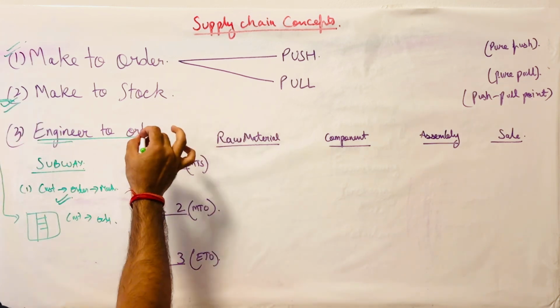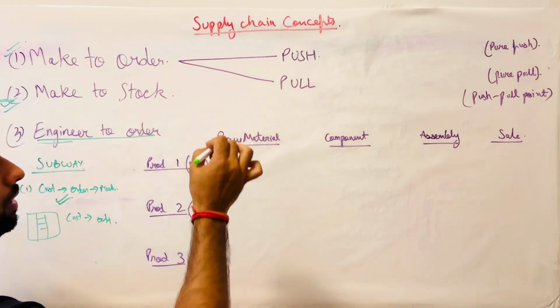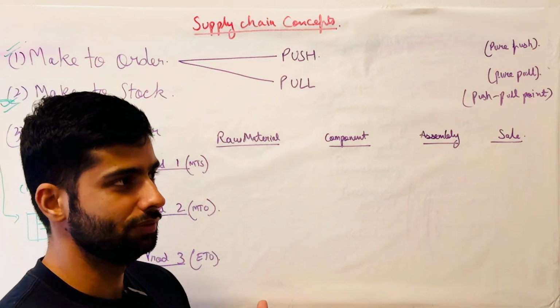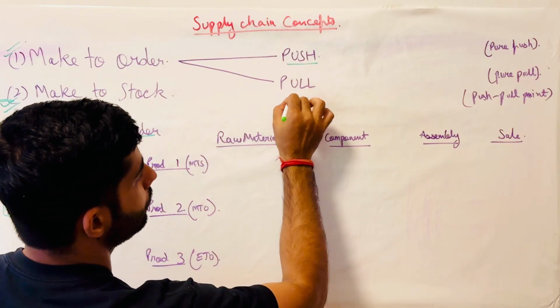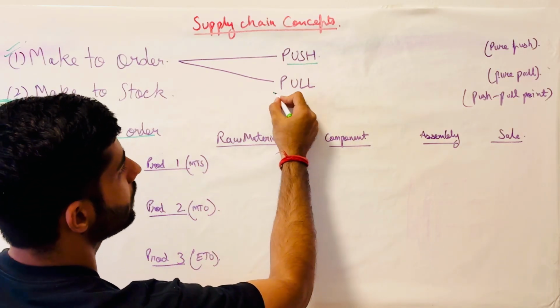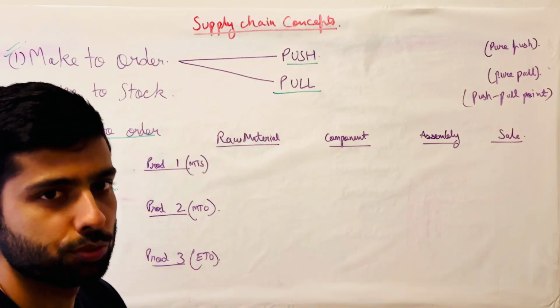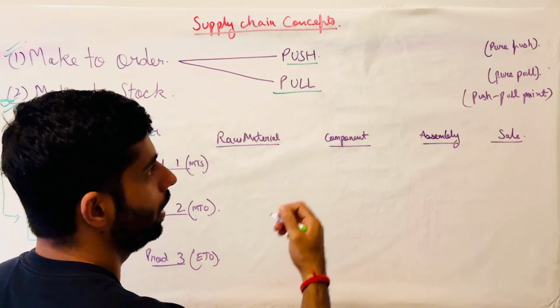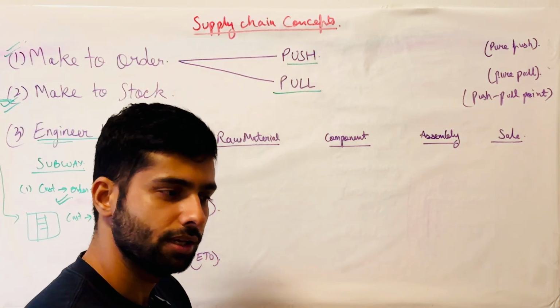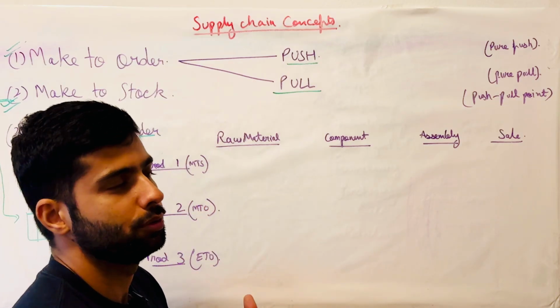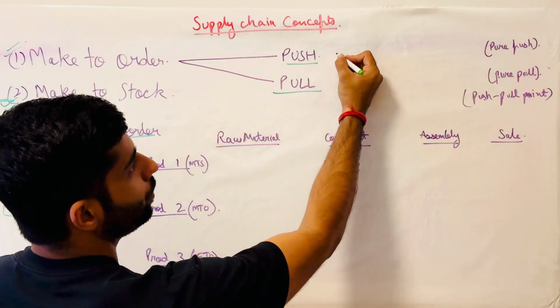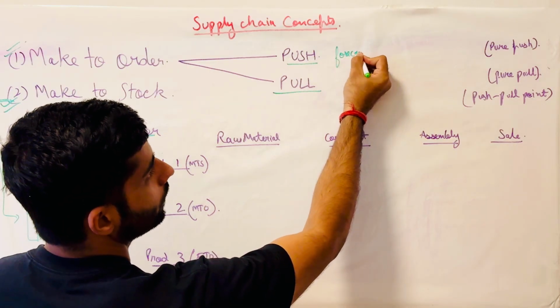Now going back to make to order, the make to order has two different processes. One is called push, the other is called, I know it looks like pull, but it's pull. Now what does push mean? Push means that you are pushing the products into a sale or into trying to make an end product based on your forecast, right?